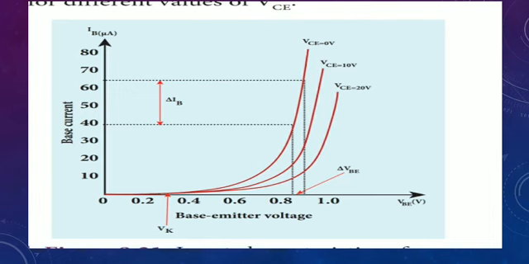This is the forward input characteristics curve in our book. The base emitter voltage is given along with the base current. When you increase the base emitter voltage, the current will conduct only at a particular voltage.